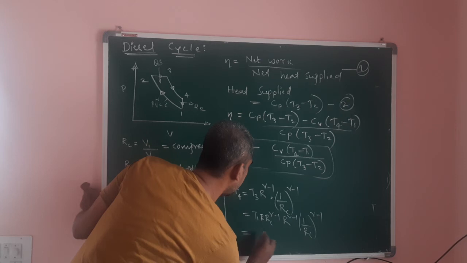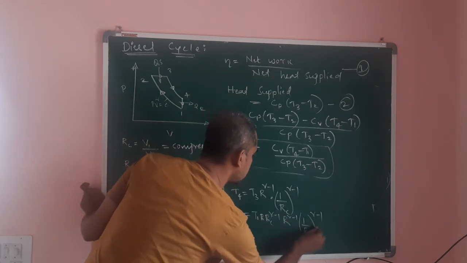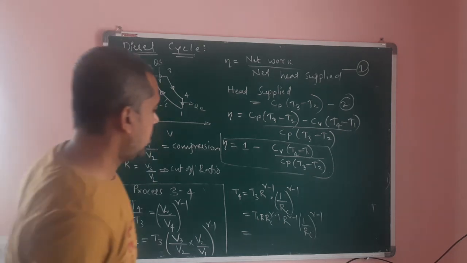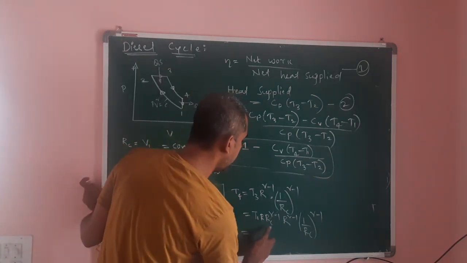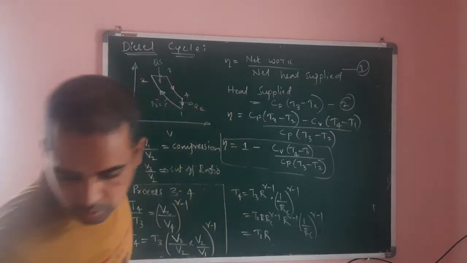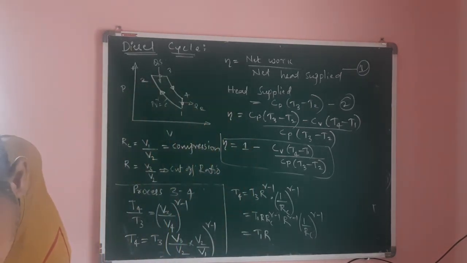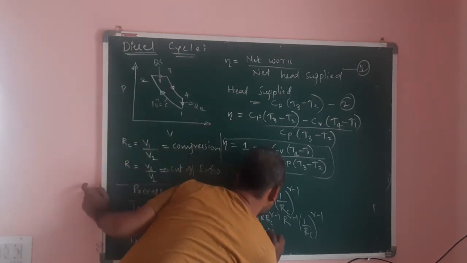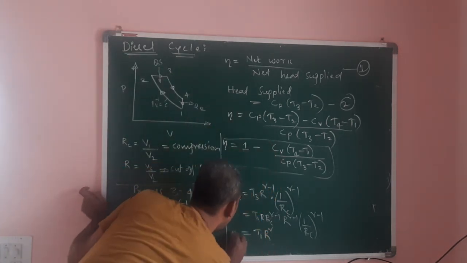Therefore, what will remain? The rc raised to gamma minus 1 terms will cancel. So T4 is equal to T1 r raised to gamma.